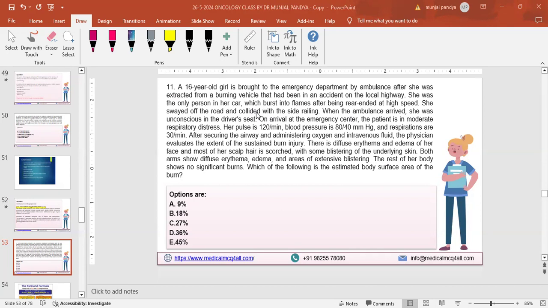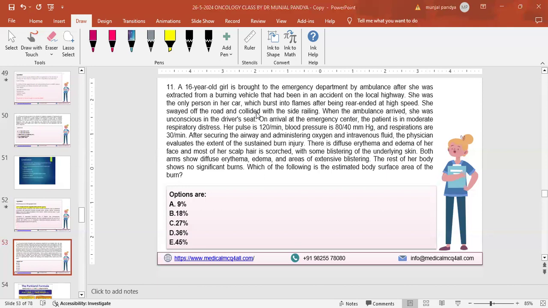She was unconscious in the driver's seat. On arrival, the patient is in moderate respiratory distress, pulse around 120, blood pressure 80 over 40, respiratory rate 30, which is also high.